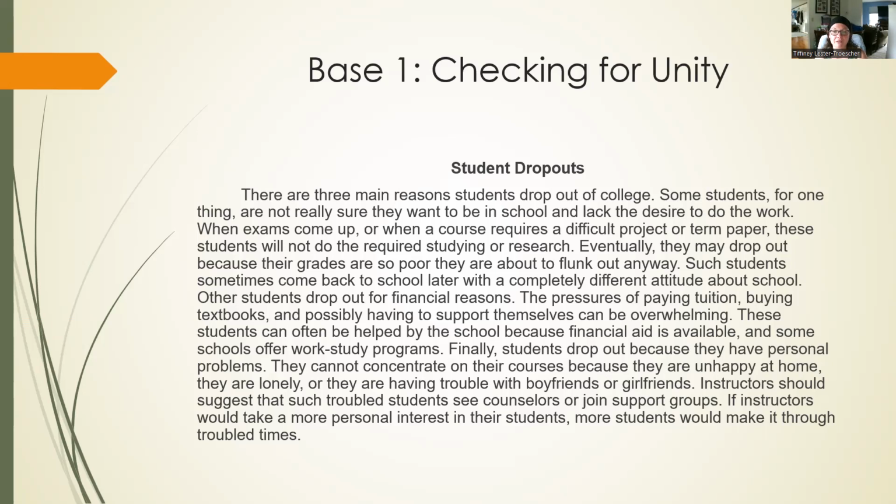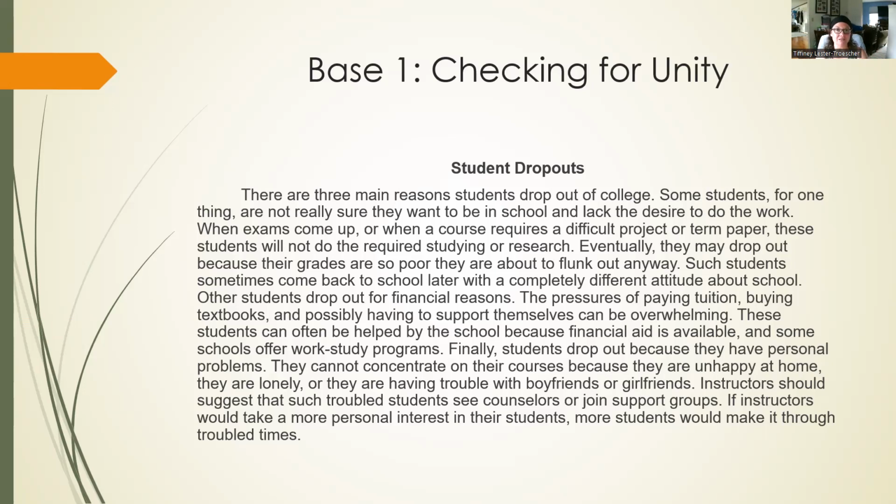It says there are 3 main reasons students drop out of college. Looking at the opening point, the topic sentence, that's a reasonable topic sentence. I would personally prefer to have the 3 reasons listed as part of that topic sentence, because then it becomes super focused and I know exactly what to expect. But this is a decent topic sentence.